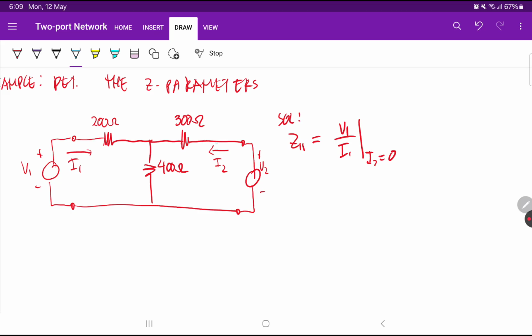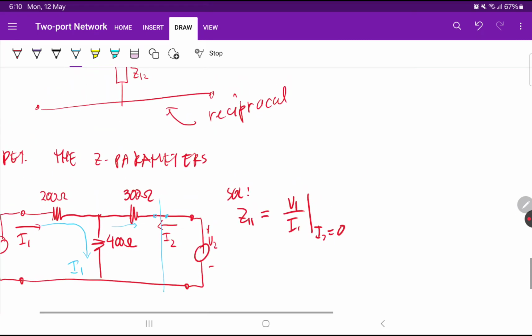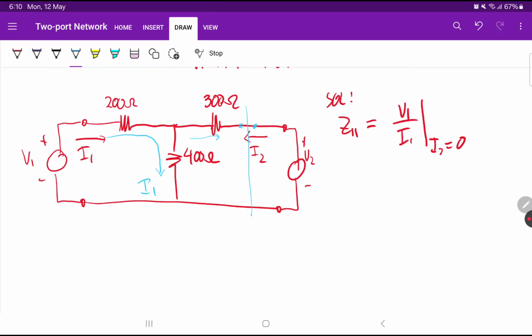So in this case, we will remove this part. So this will be an open circuit here. So if this is an open circuit, I2 is equal to 0, so there will be no current here. So if there is no current, all the currents will go here. So this is also equal to I1. So there's no current going to the 300 ohms.